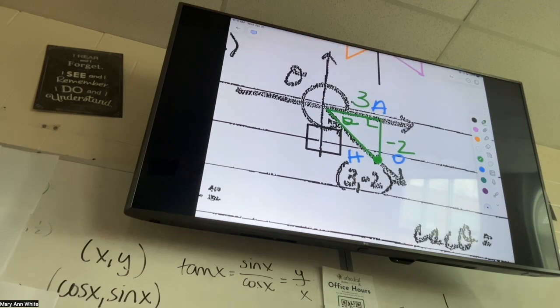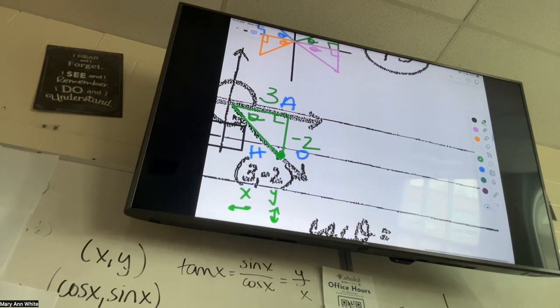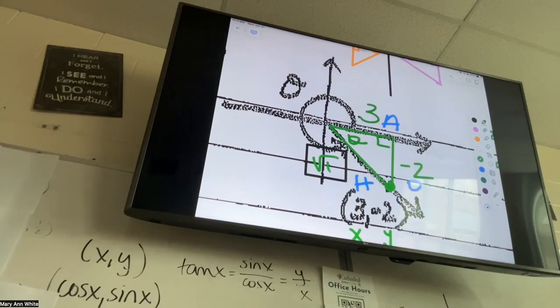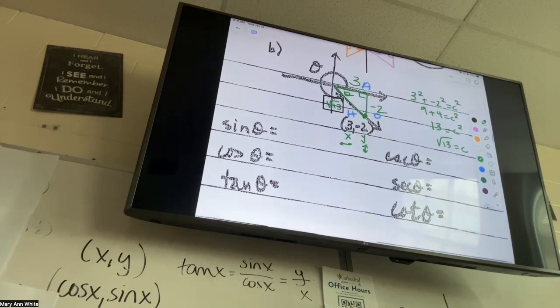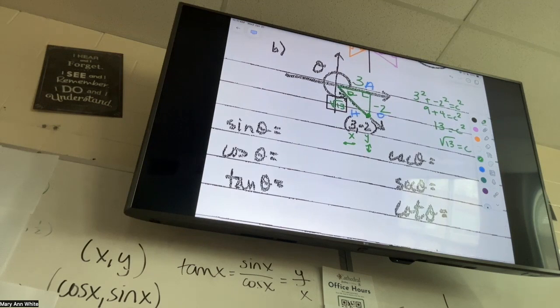Good, my 3 is that horizontal distance, because x is your left and right distance. And then your 2 is your y, so that's your up and down. If you can simplify the radical, do it. If you can't, leave it unsimplified, that's okay. Once you find that hypotenuse, that c, go ahead and find all of your trig functions.